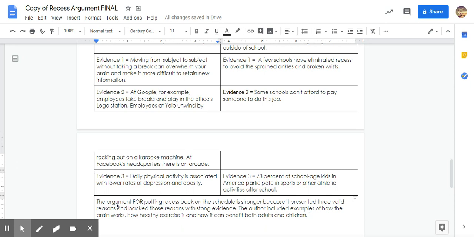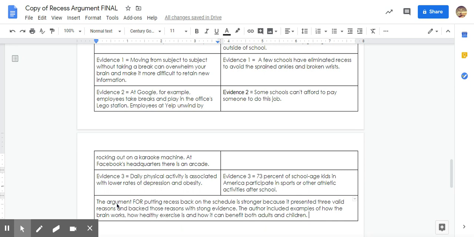Which side do you agree with more because of the way it's presented? So again, don't forget on these, this is one author presenting both sides to you. So there isn't really a right or a wrong. It's just which side did they do a better job of explaining, which side is more convincing to you.